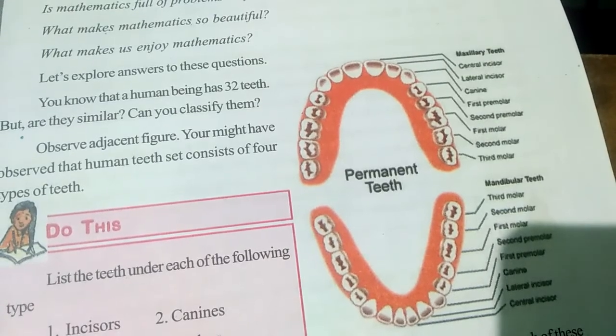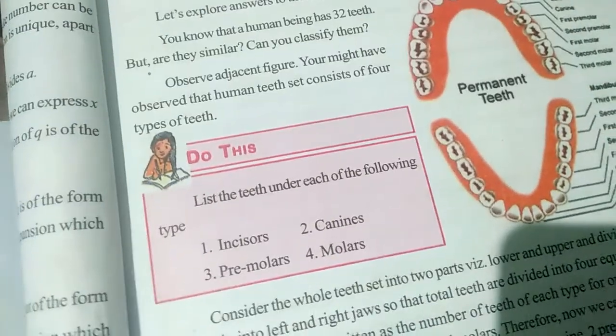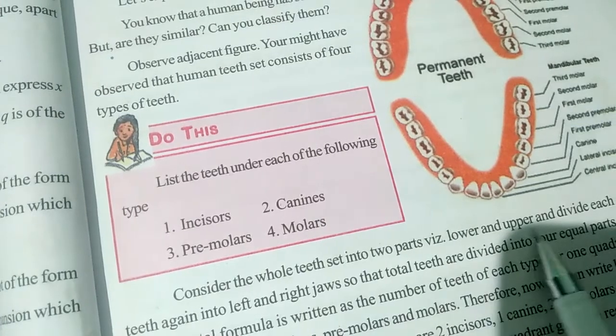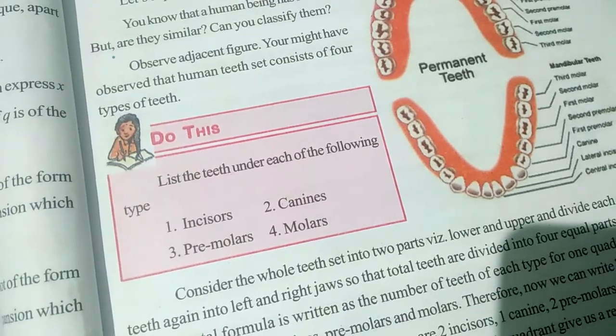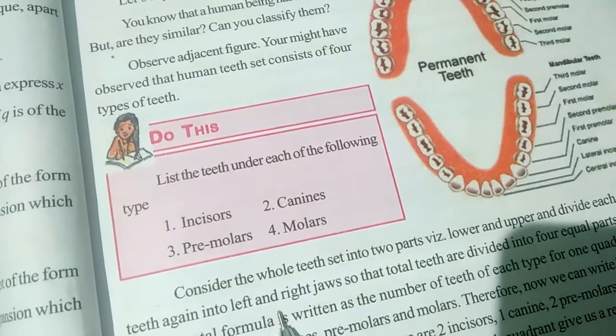Consider the whole set of teeth in two parts. How many parts? Upper and lower, and each is divided again into left and right.